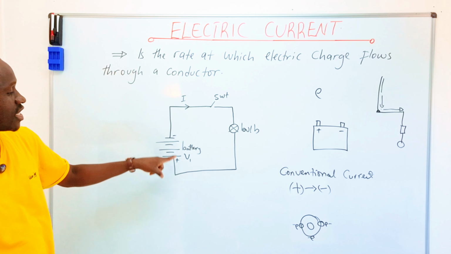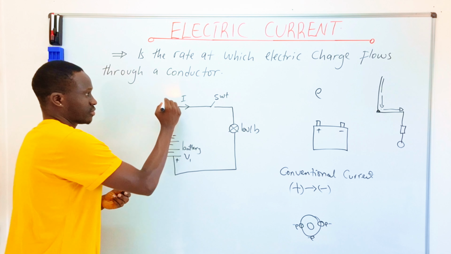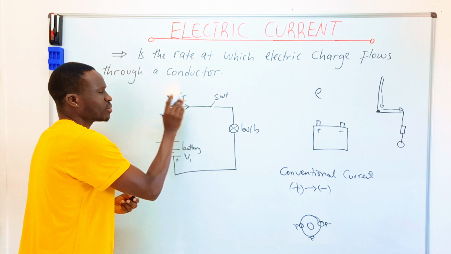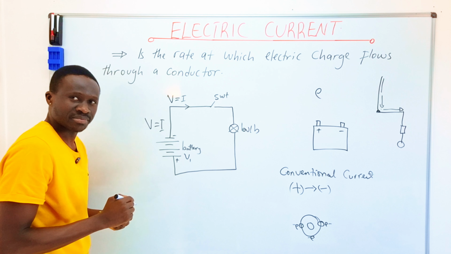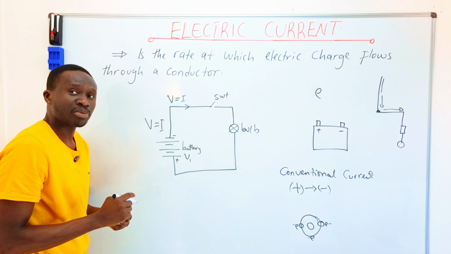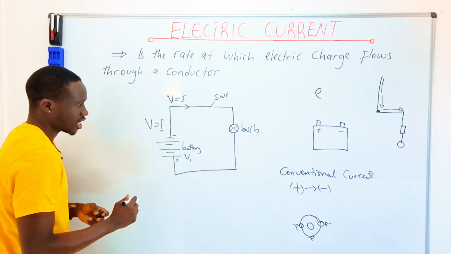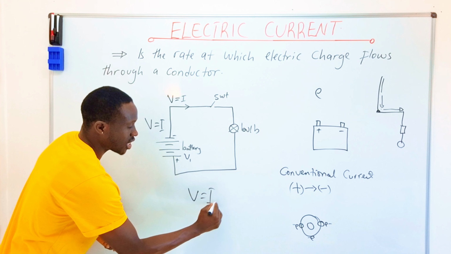And the battery's pressure, which is the voltage, will push the current. That's why we have a principle in Ohm's law, whereby voltage is equal to IR.